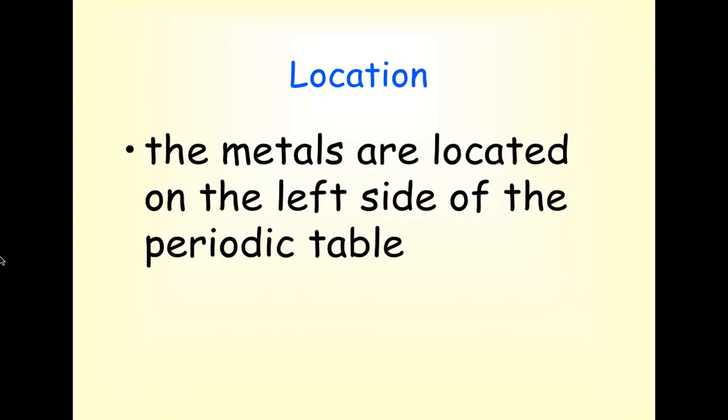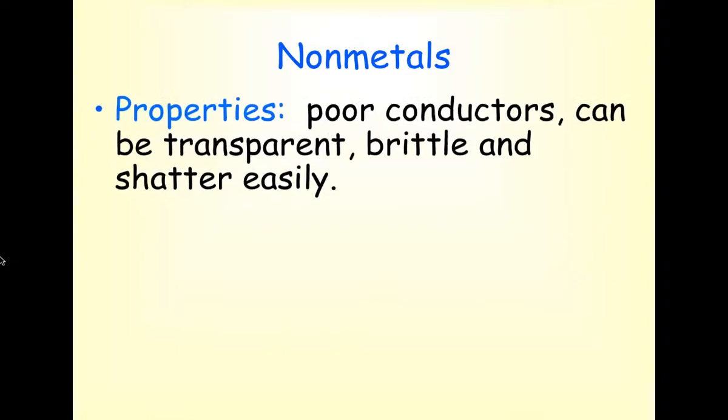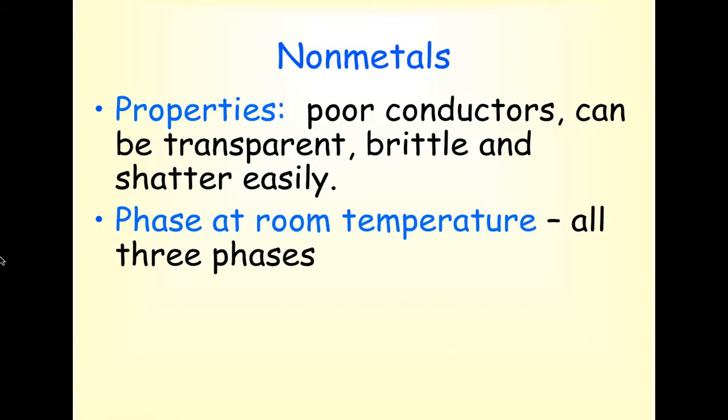Metals are located on the left-hand side of the periodic table, specifically to the left-hand side of the staircase. Our second large group are the nonmetals. These are poor conductors, and they can be transparent so you can see through them. They are brittle and they shatter easily. Nonmetals exist in all 3 phases.